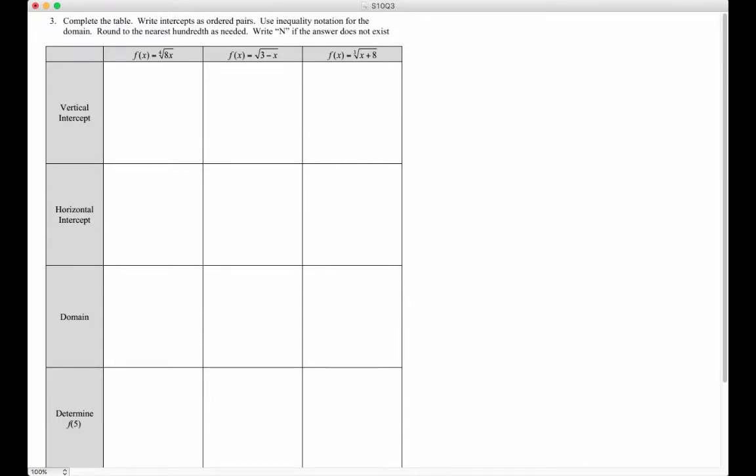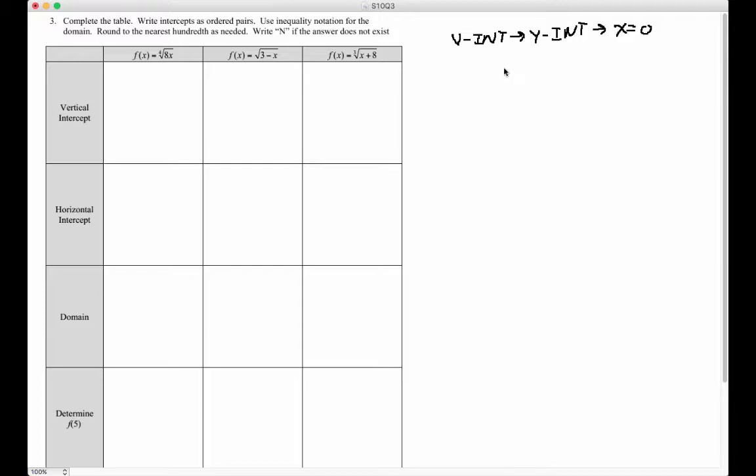All right, let's go take a look at the questions that they want from us. So the first one is they want to know what is the vertical intercept of f of x equal to the fourth root of 8x. Key thing to remember is that when we're talking about a vertical intercept, we're really talking about a y-intercept, which is the vertical axis, and that infers to us that x has to be equal to 0.